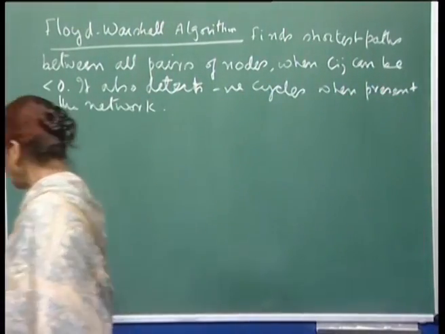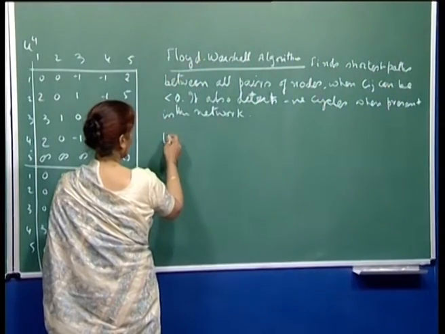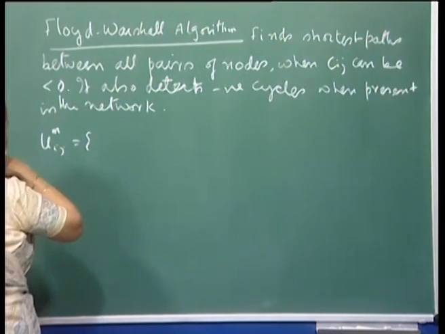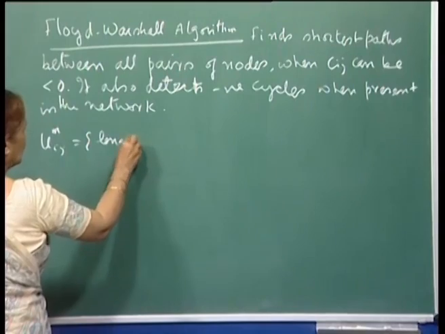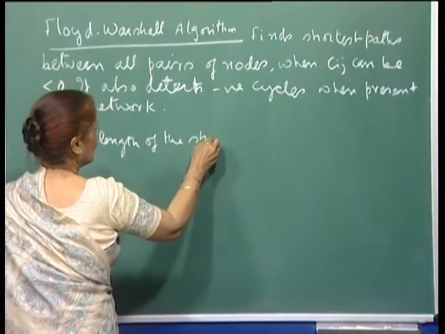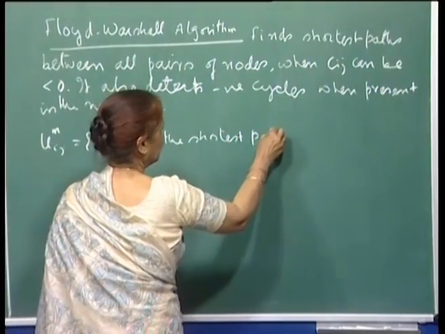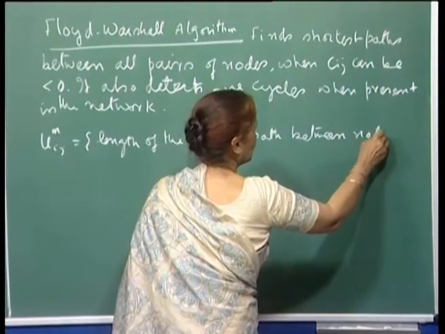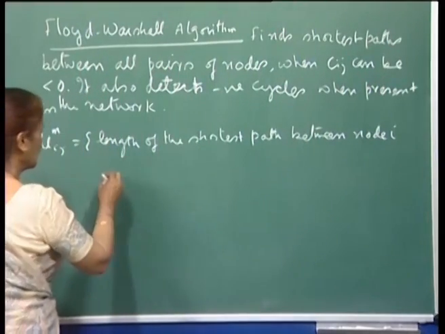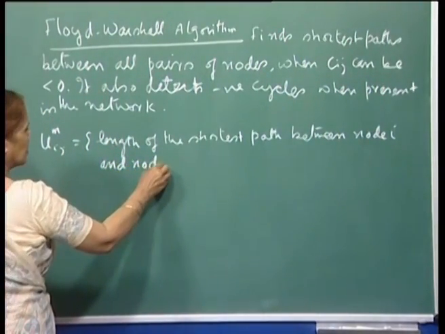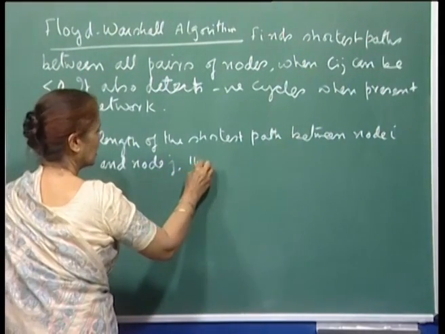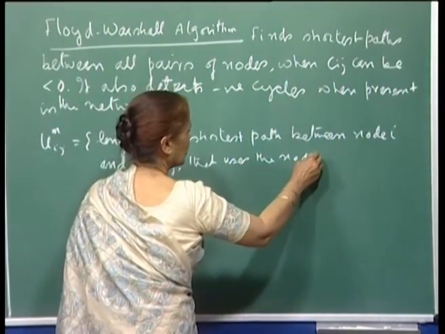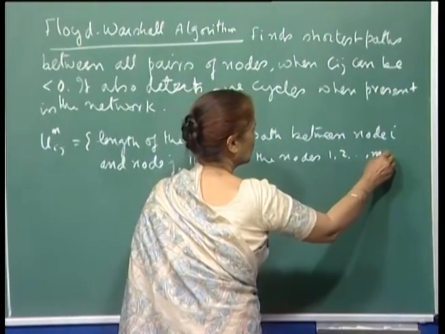So, the definition is simple. What we do is we define the quantities Uij m as the length of the shortest path between node i and node j that uses the nodes 1, 2 to m minus 1 only.